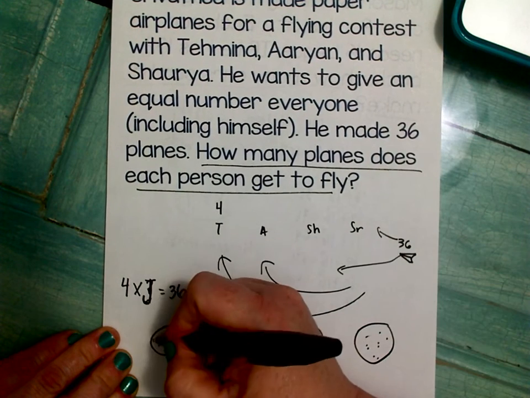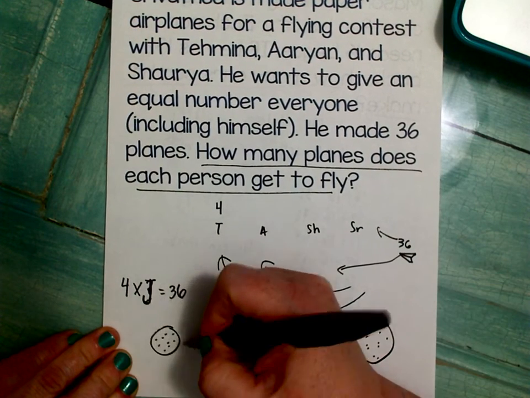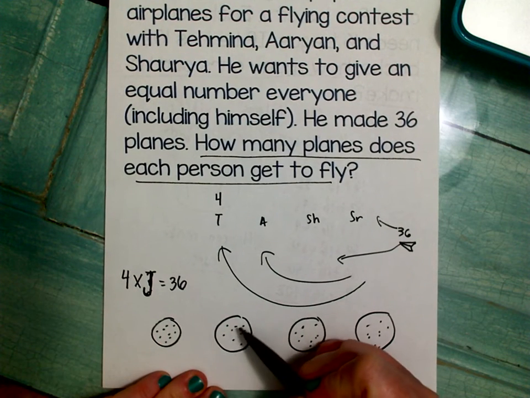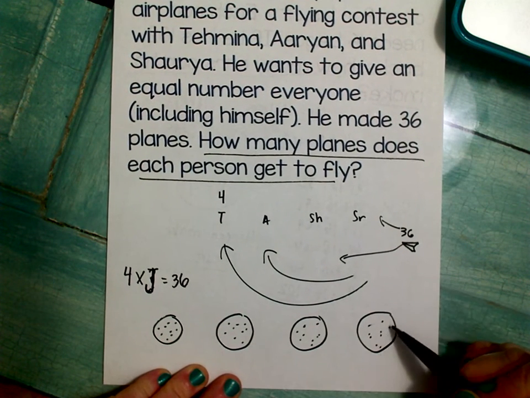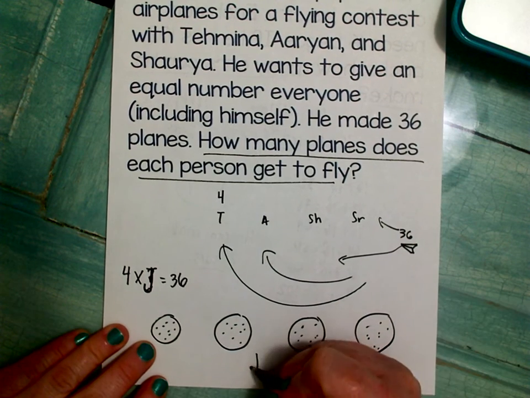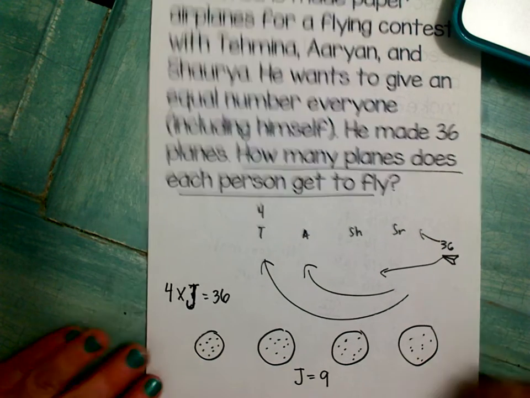So I've gotten to 36. 1, 2, 3, 4, 5, 6, 7. So there's 9 in each. I'm just double checking my work. There's 9 in each. So J would equal 9.